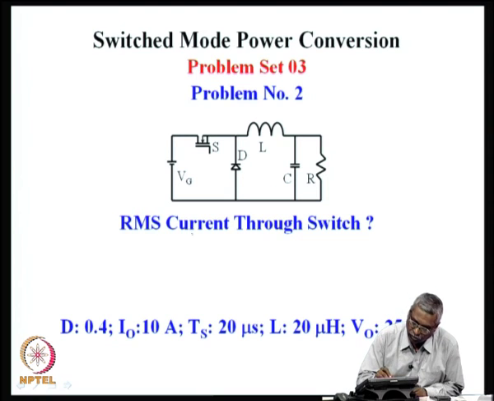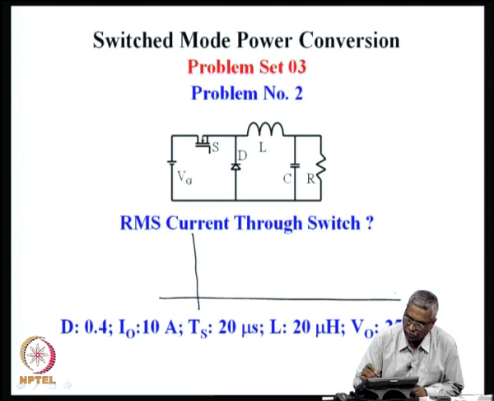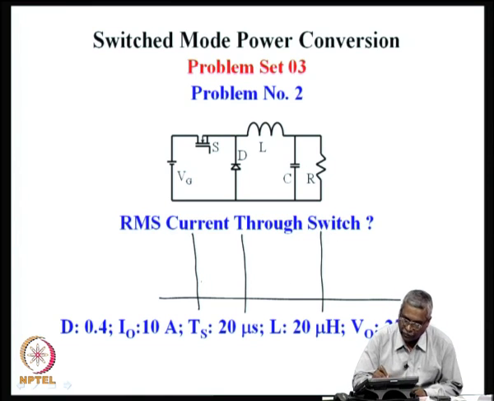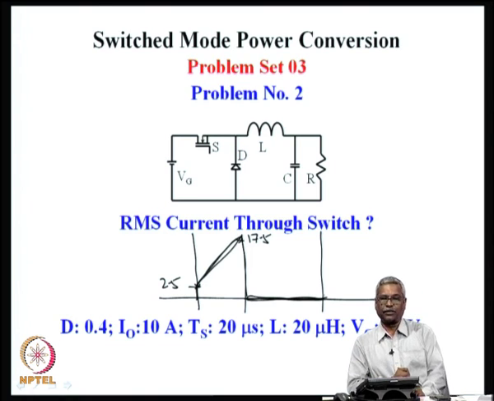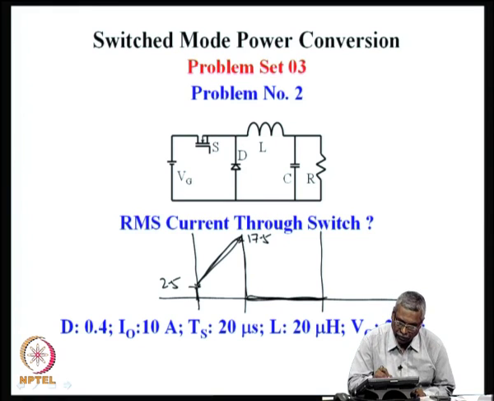We know that the current through the switch is only during the on time current is flowing, it is 2.5 to 17.5. So, this is the current that is flowing through the switch, 0 during the off time.